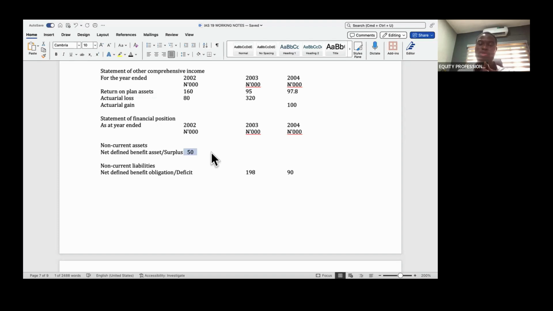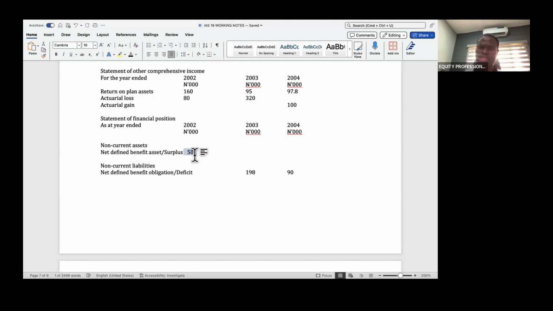So if your actual savings is, let's say, 25, we are saying don't recognize 50, recognize 25, because that is what you are expecting as return. That is what you are expecting as savings. That is what you will get benefit from. That's the benefit you will get, which is what an asset is. And that's what asset ceiling is looking at.